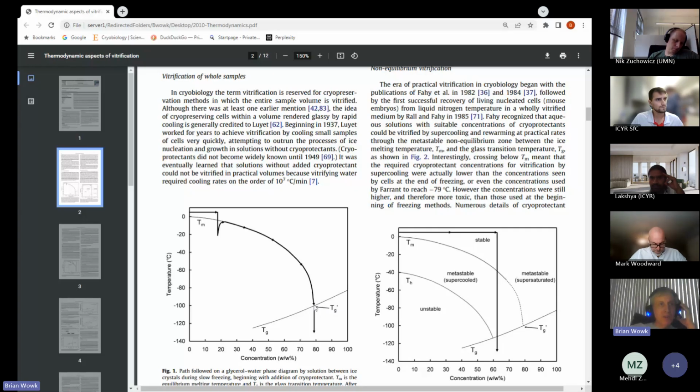So at this concentration here and down here, you've essentially got the glass transition temperature of the unfrozen solution left. We call that Tg prime. And you cool below that. And then you have cryopreservation because you can now store that for practically indefinite periods of time.